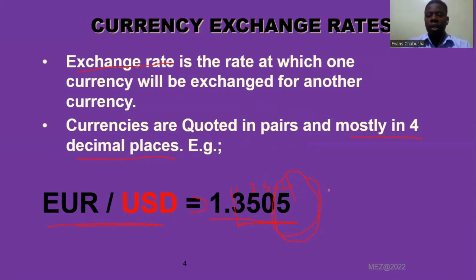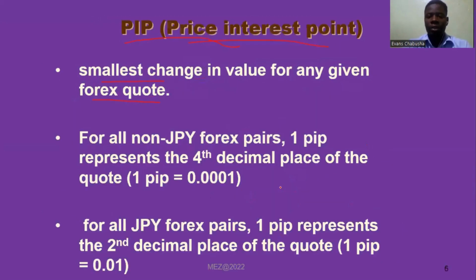So the smallest value that this quoted pair can undergo is 0.0001. Here you put 0 in the first decimal place, 0 in the second, 0 in the third, then 1. The last digit can either increase or decrease, depending on where the price is going.